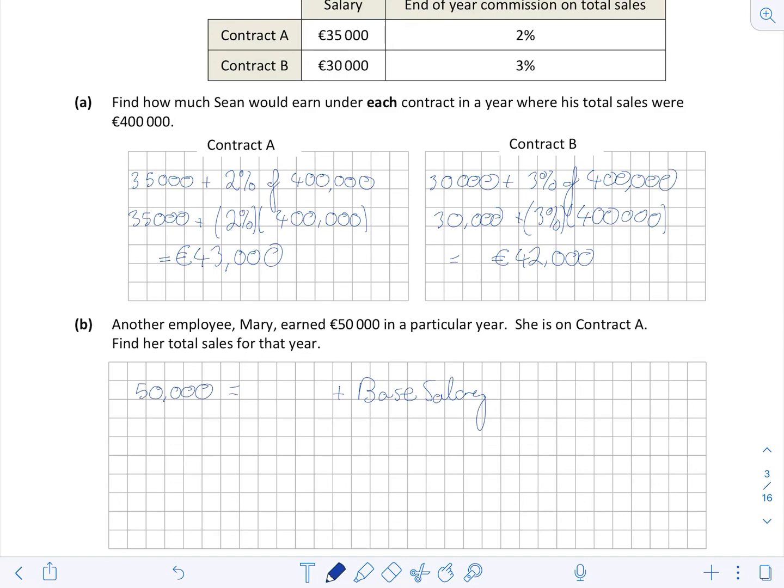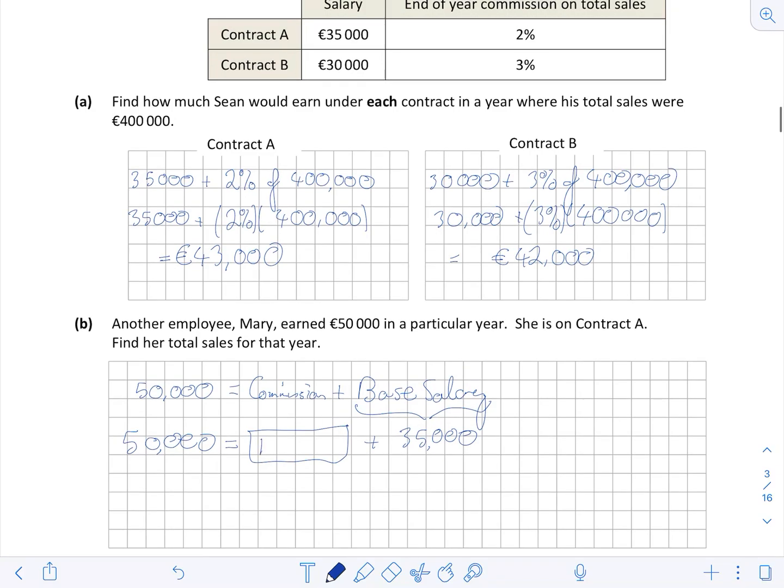That would be better, commission, C-O-M-M-I-S-S-I-O-N, I think. Okay, so commission plus base salary is 50,000. Now we know that her base salary was 35,000. So therefore the commission she must have earned must be in here. So what do we add on to 35,000 to get 50,000? Well, the commission must have been 15,000.